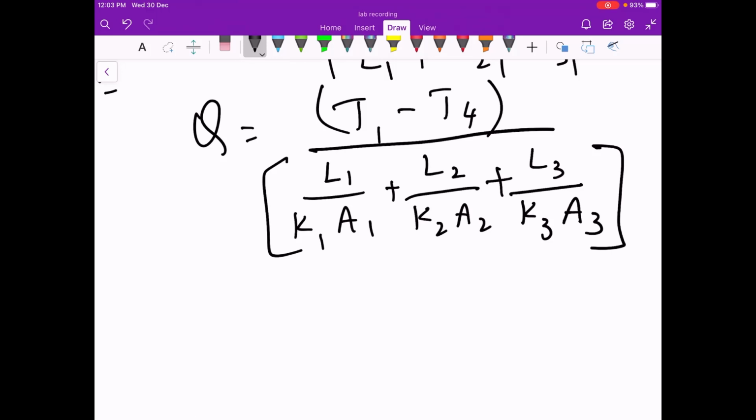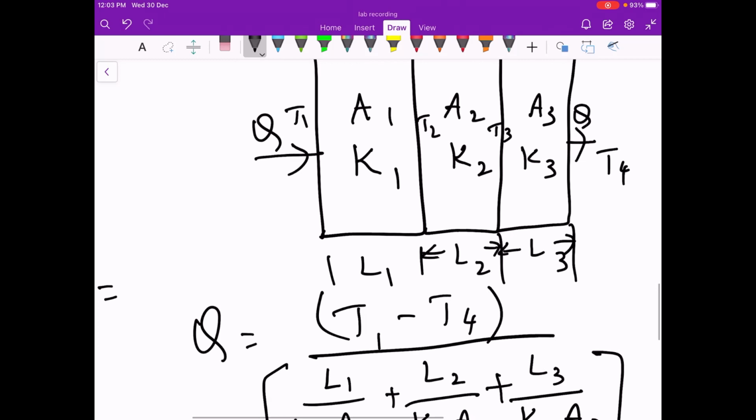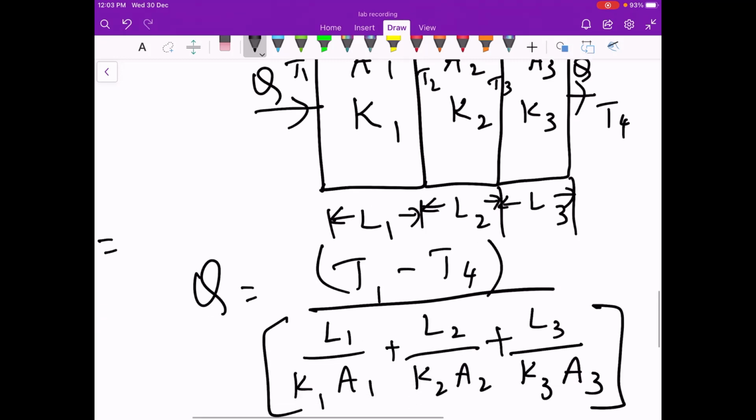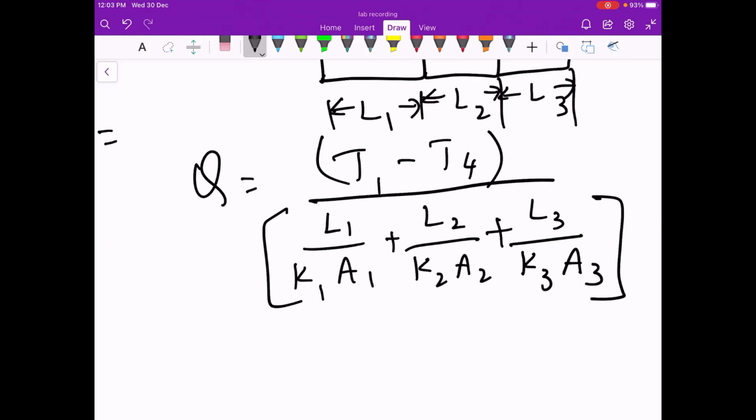Now if it is arranged in series, the bodies can be arranged in series as well as parallel ways. The rule that we follow for a resistor circuit is analogous with this circuit. Got it? Since it is arranged in series, you can just add them.